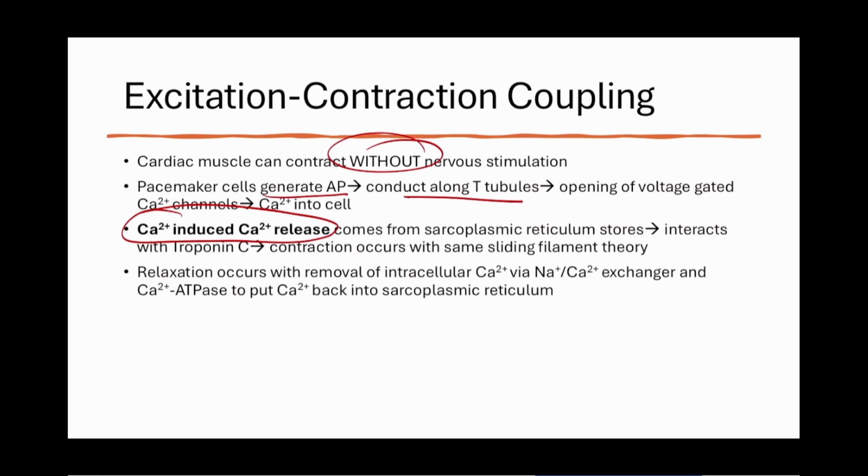So the calcium from the T-tubules into the cell causes this SR to dump its contents of calcium into the cell. Calcium-induced calcium release. It's a double dose of calcium, essentially.